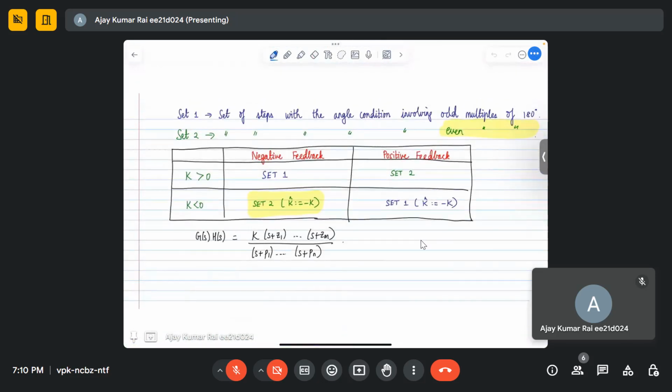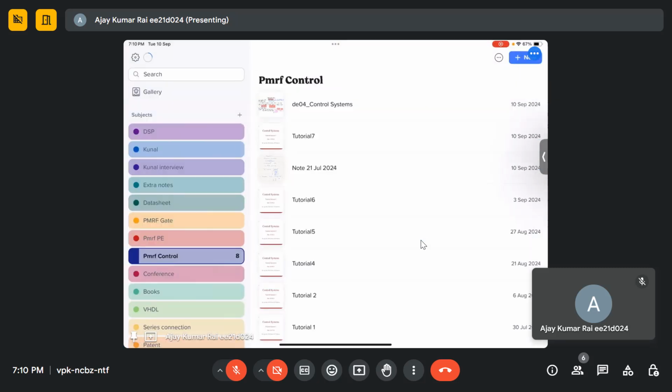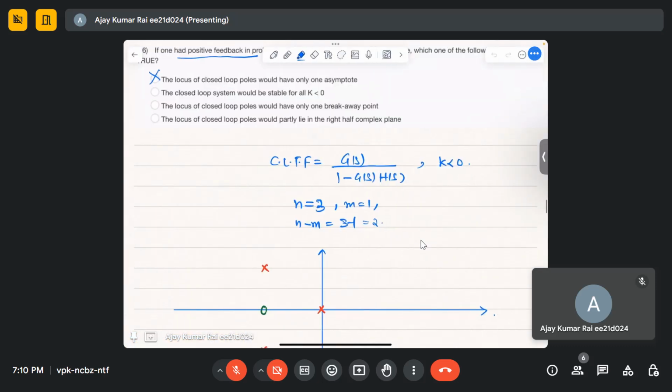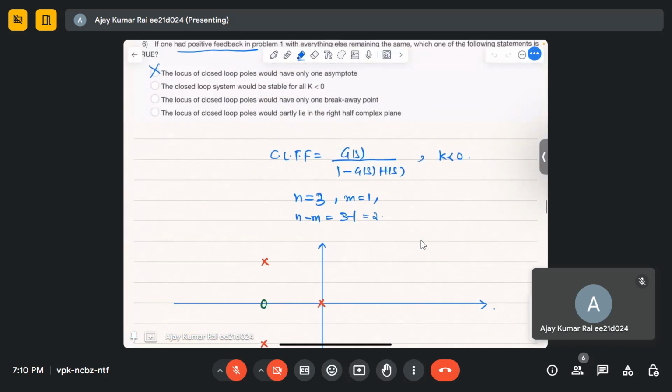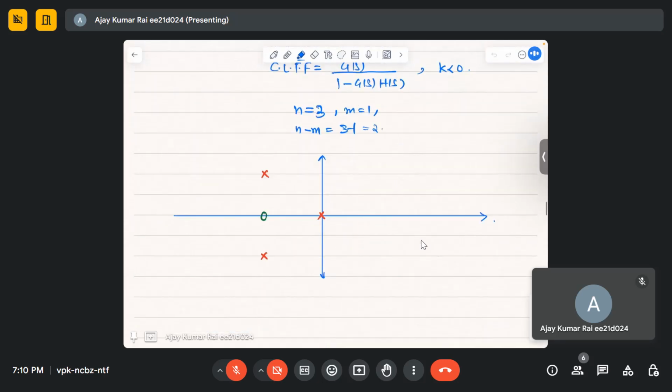Here we have positive feedback and k less than 0, so this is this case, set 1. So all the angle conditions for odd multiples of 180 will do. So let's draw it.